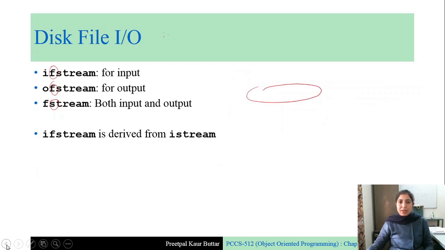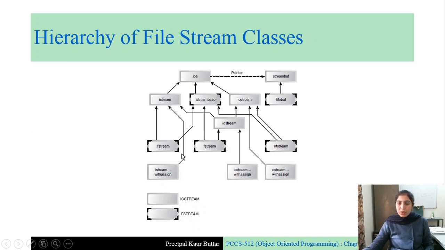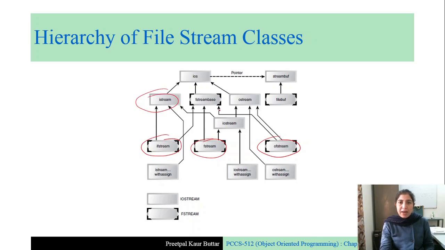So again, let us go back to that diagram and see. We were talking about the file oriented classes, that is ifstream, ofstream, and fstream. ifstream is derived from istream, fstream is derived from iostream, and ofstream is derived from ostream. Plus, these are also derived through multiple inheritance from this class, fstreambase, which is in turn derived from ios.